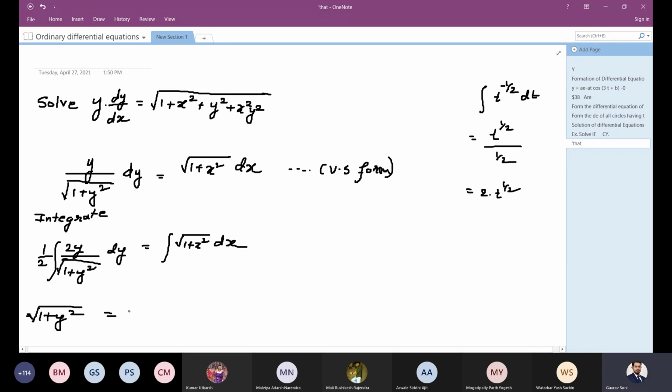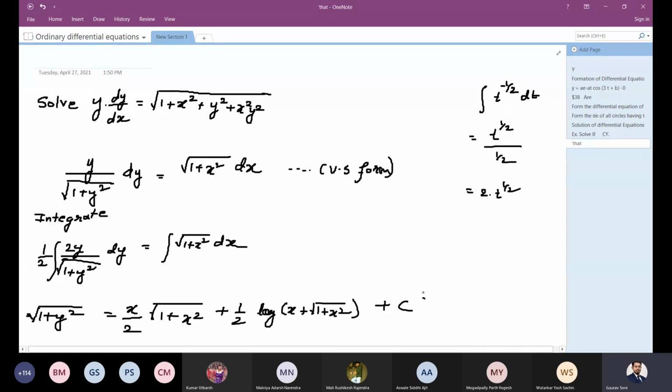The right hand side integration of under root 1 plus x square is, using the standard formula, x by 2 under root 1 plus x square plus 1 by 2 log of, in bracket, x plus root 1 plus x square, plus c.